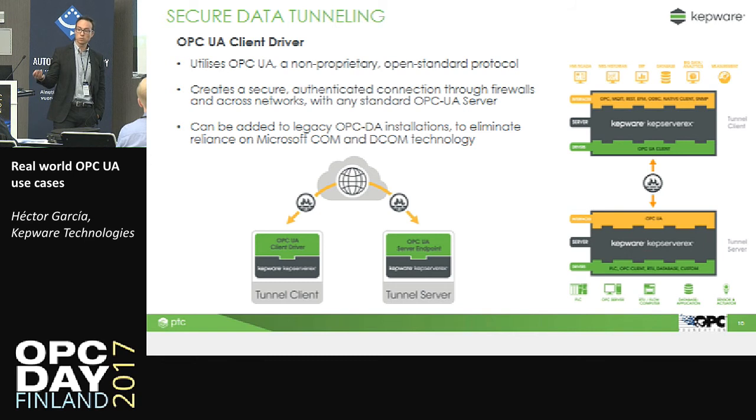As I told you, one of our drivers is an OPC UA client. It means that we can convert from any protocol here into OPC UA, and then here convert from OPC UA to, for example, OPC DA, which, by the way, is something very common nowadays.